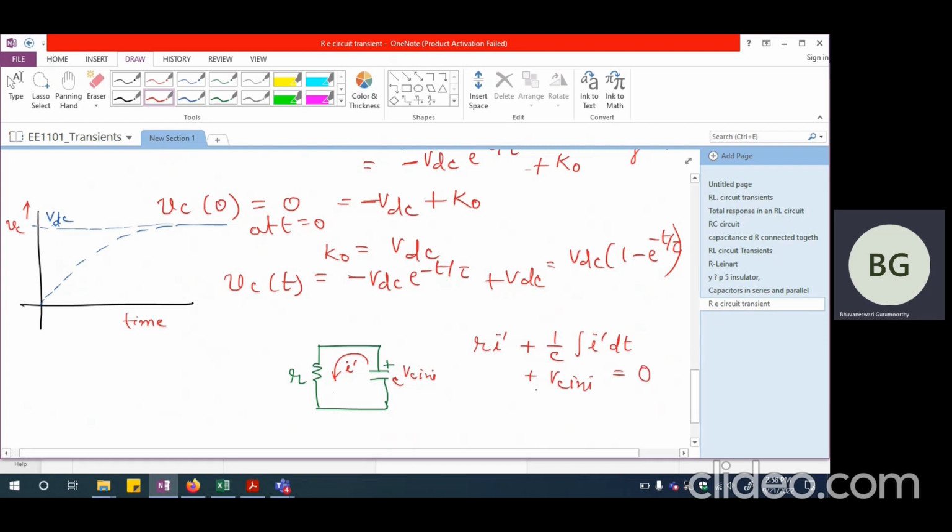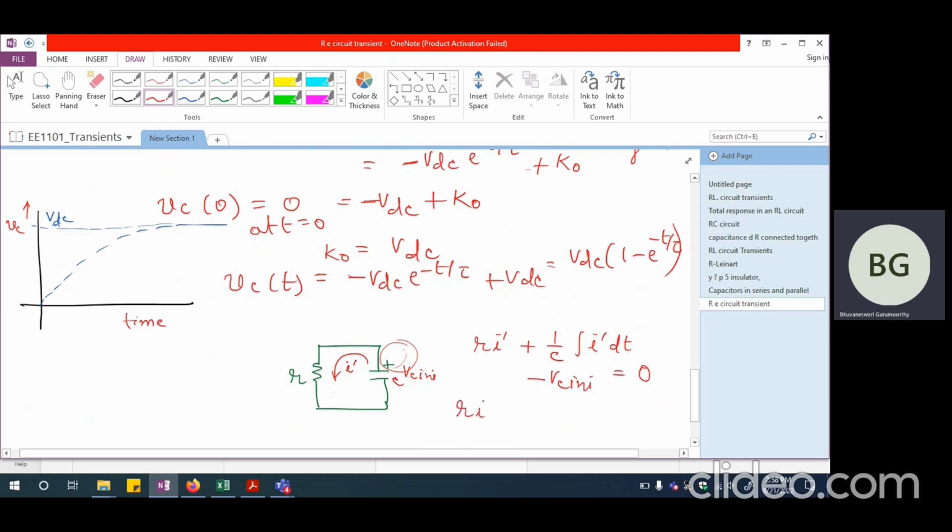Whether this is plus or minus, we have to think. As the current is increasing, the current flows further and further, this voltage is going to decrease. So in all probability, I have to have this as minus. It should not be plus, because as the current flows, I am trying to look at whether this voltage is increasing or decreasing. The voltage is decreasing, so it is minus VC initial.